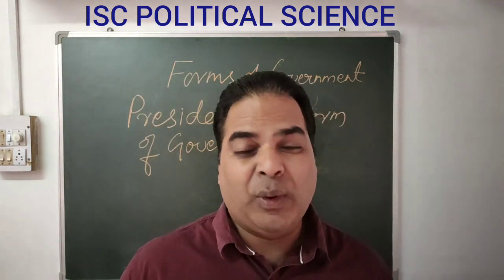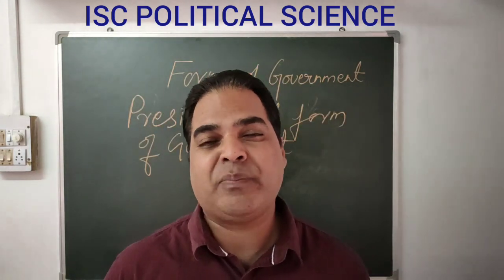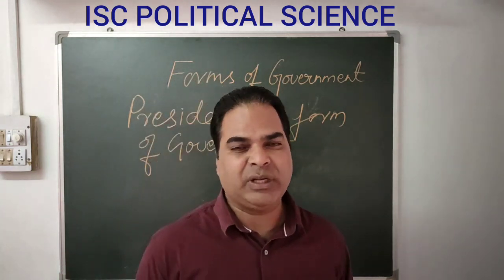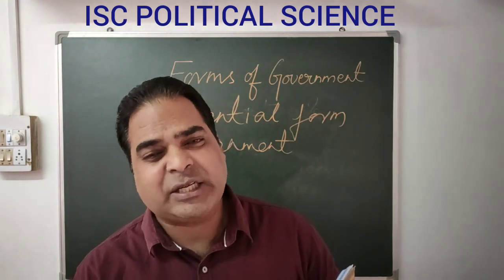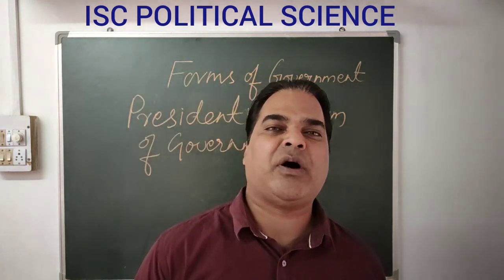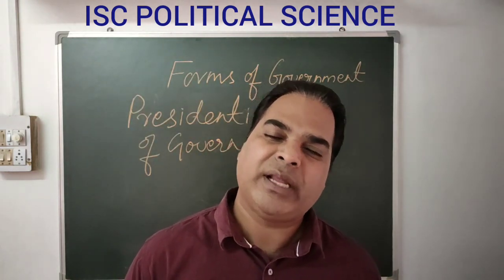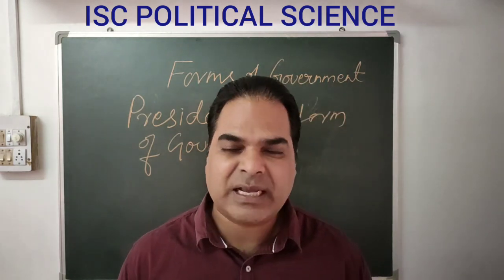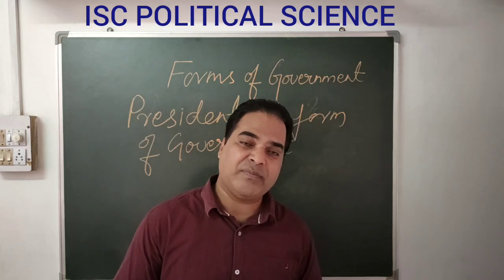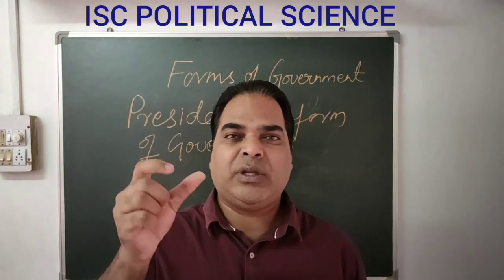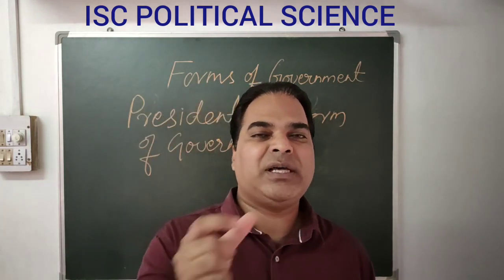When there is a separation of power between the legislature and the executive, and the executive is not responsible or accountable to the legislature, this type of system is known as the presidential form of government. So here the executive is not responsible to the legislature.